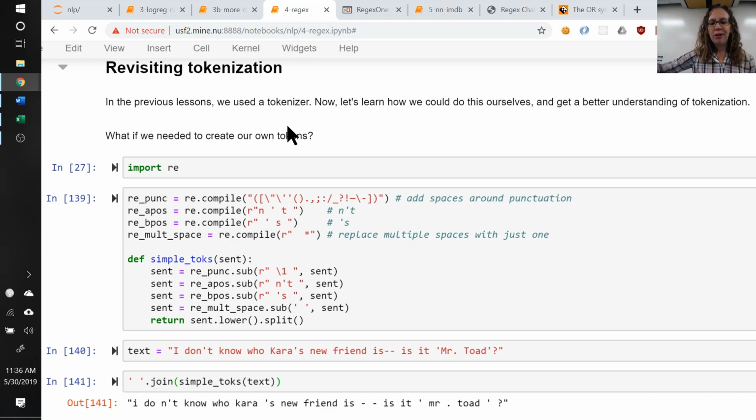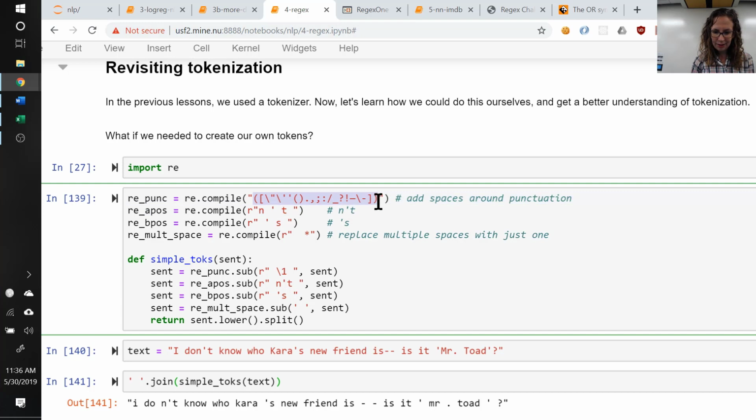And so this is just an illustration of one approach you could take. Here, say we want to add spaces around punctuation. So we can pick out all the different forms of punctuation. We also want to pick out, if we had the word don't, now we've added spaces around that apostrophe.